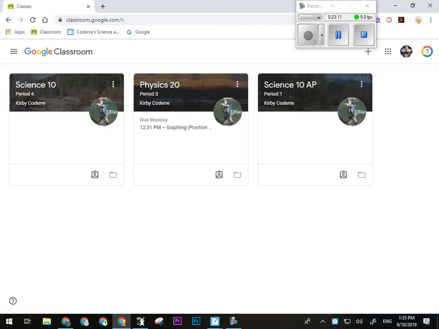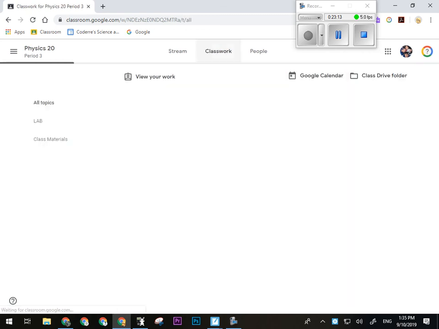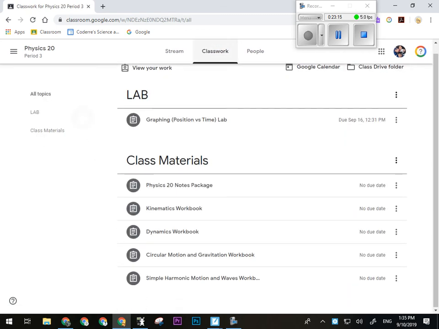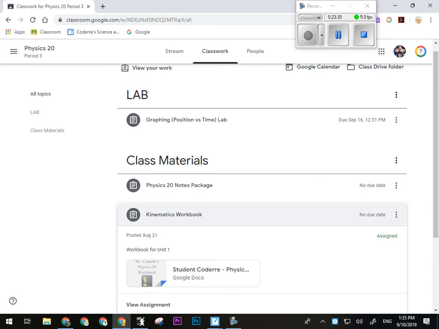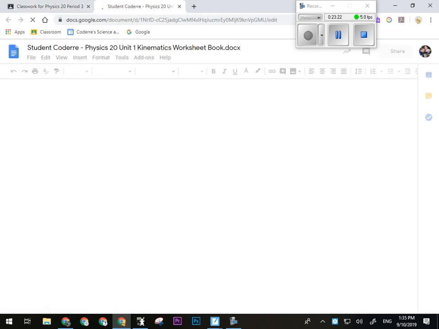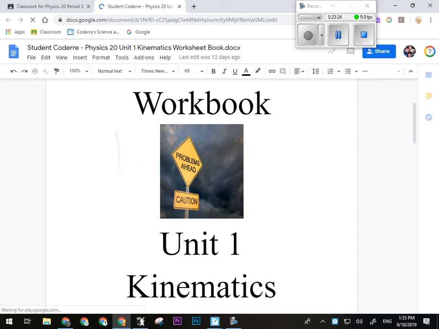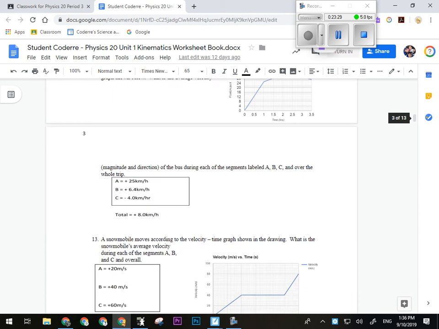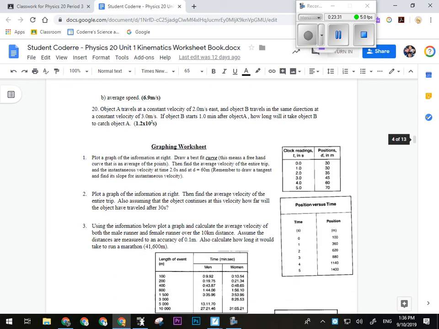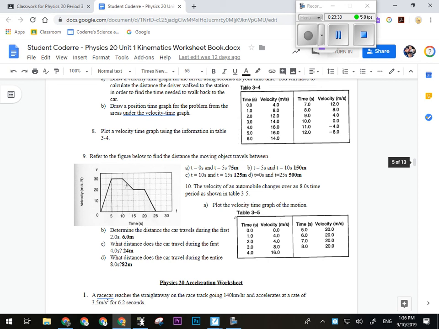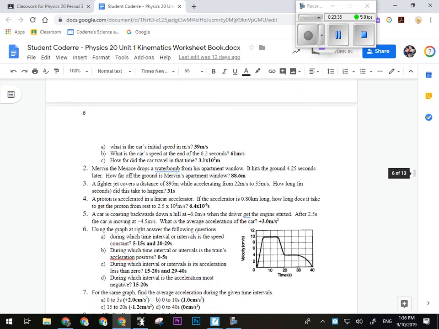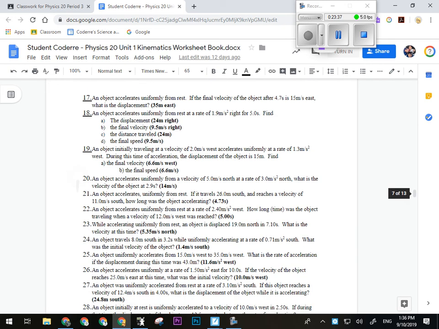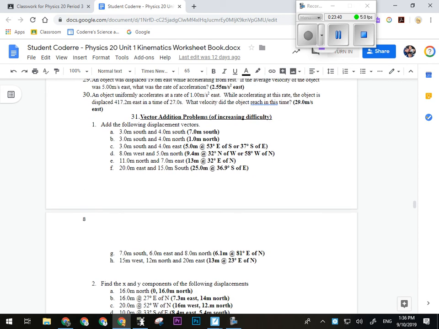If you go into Physics 20 classwork, in your kinematics workbook, starting at the end of page 7, I want you working on these.